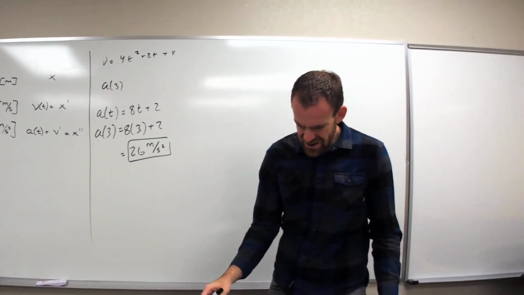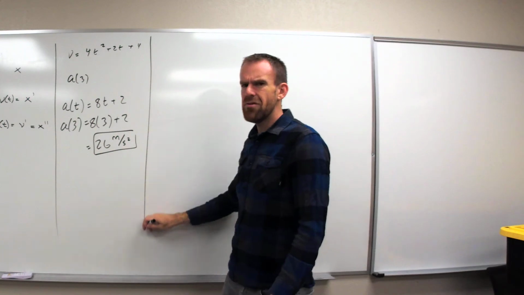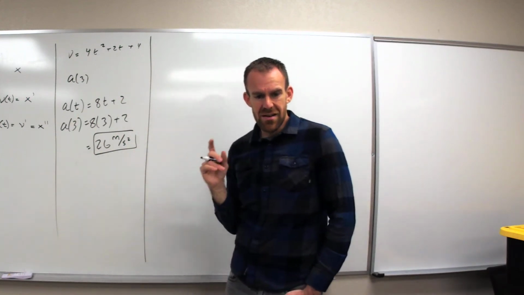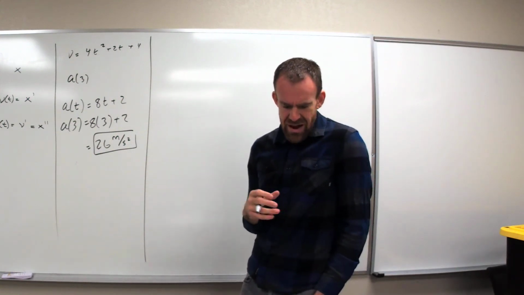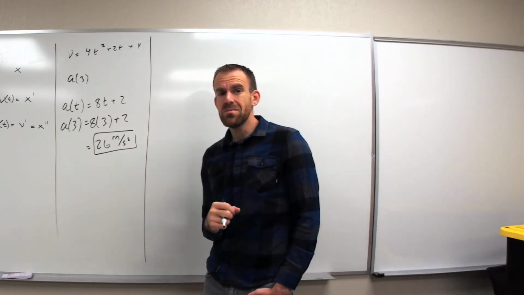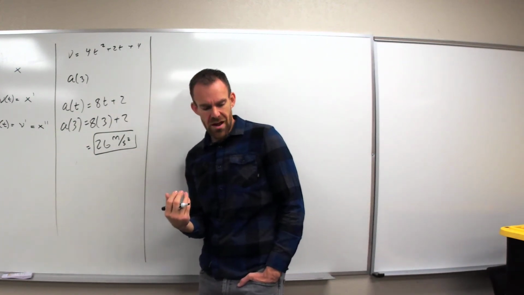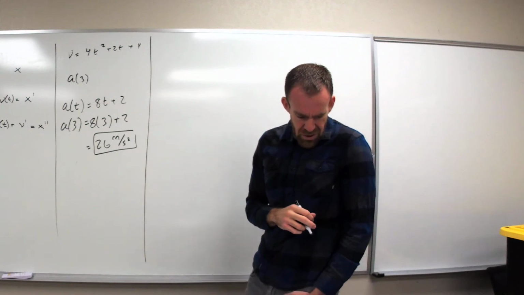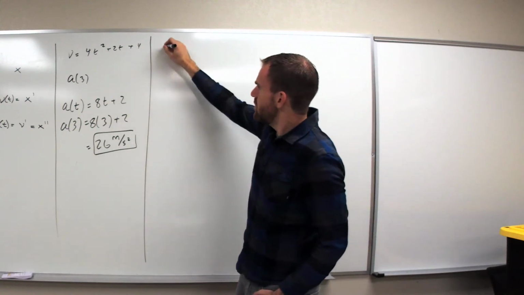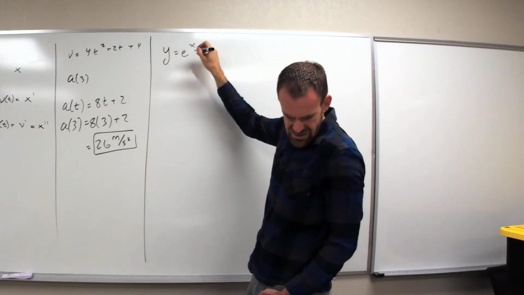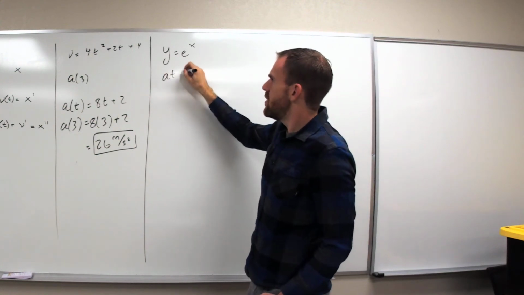Now, that's the kind of annoying part of our lesson. But the challenging part of our lesson today is finding the normal line to the curve. So we want to find the equation of the line normal to y equals e to the x at x equals 1.